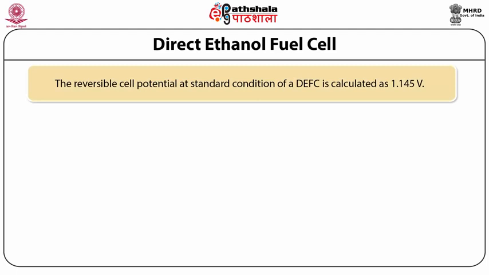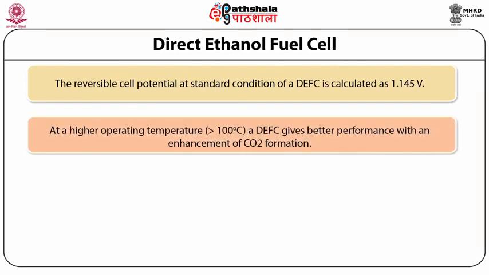The reversible cell potential at standard condition of a DEFC is calculated as 1.145 volts. At a higher operating temperature, greater than 100 degrees Celsius, a DEFC gives better performance with an enhancement of CO2 formation.